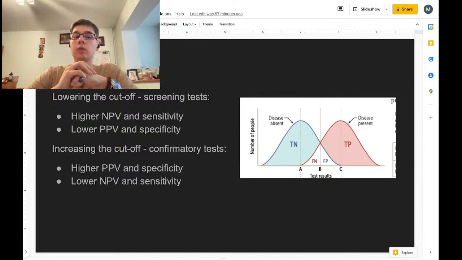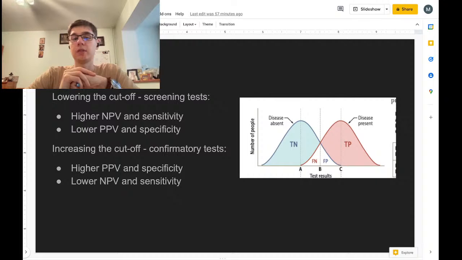And also we will have a higher sensitivity due to the fact that, once again, sensitivity is true positive divided by true positive plus false negative, where false negatives decrease. On the other hand, lowering the cutoff will lower the positive predictive value and specificity.